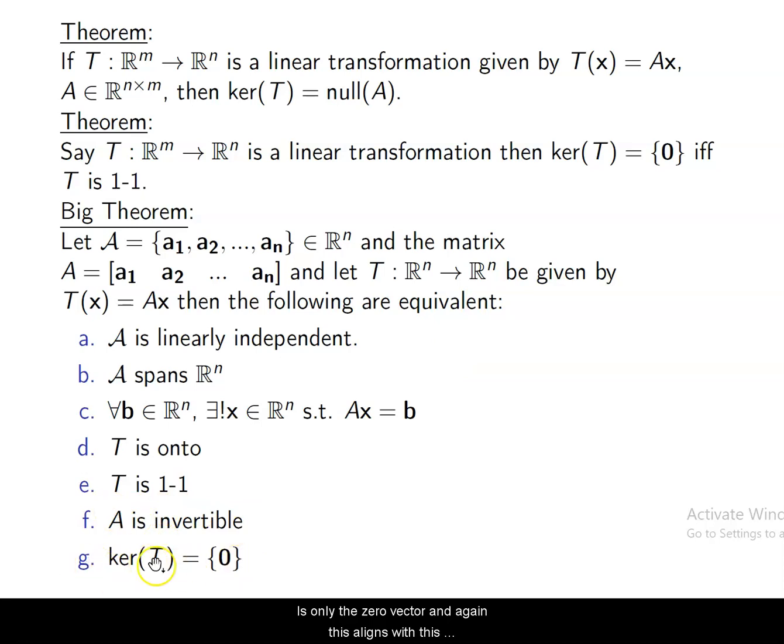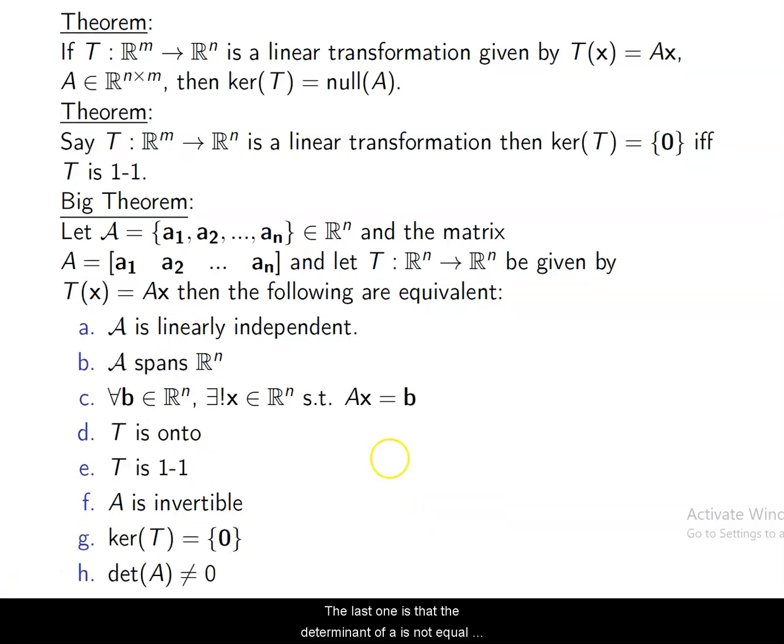And again, this aligns with the linear independence of A, and it aligns with this E of the linear transformation. I have one more to add. The last one is that the determinant of A is not equal to 0.